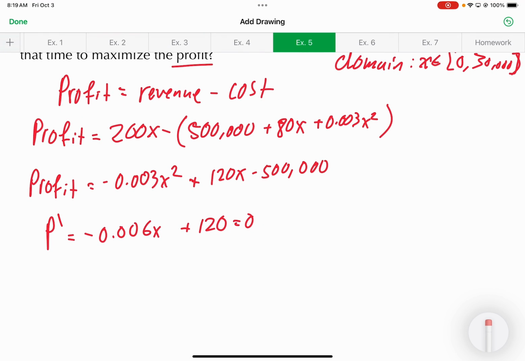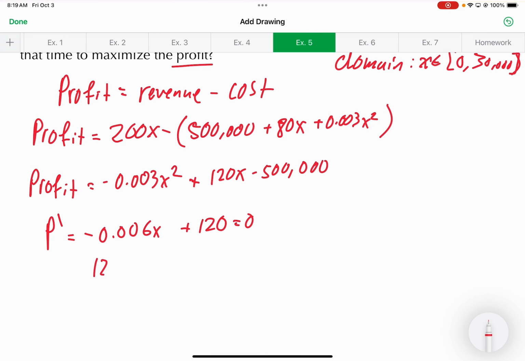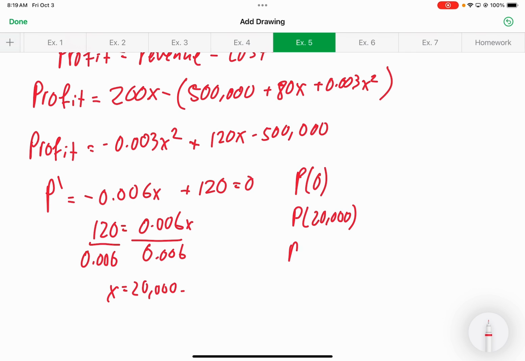So negative 0.006x plus 120, set that equal to 0. What's 120 divided by 0.006? 20,000. Good, that gave me my candidate. So now I want to test P of 0, P of 20,000, and P of 30,000.